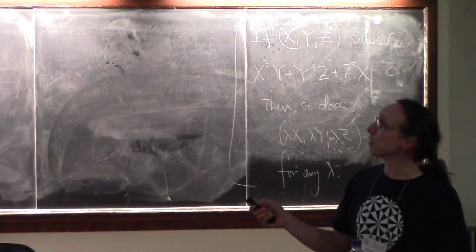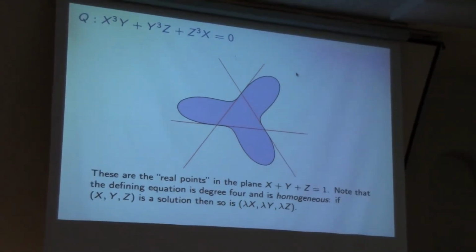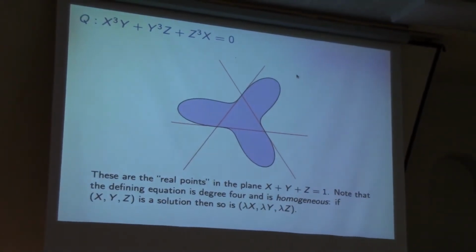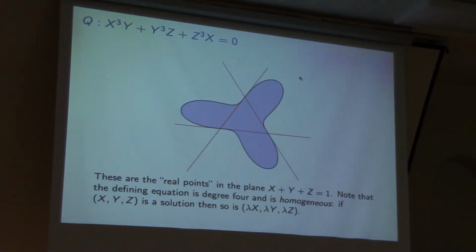So we're going to prevent ourselves from doing it by imposing a condition, namely x plus y plus z equals 1. And if we do this, we essentially lose nothing. Well, actually, we lose 4 things, but I'll talk about that later. So now that I've said all those words, we can actually solve the equation, or use Mathematica or Sage or some other package to find all of the solutions.